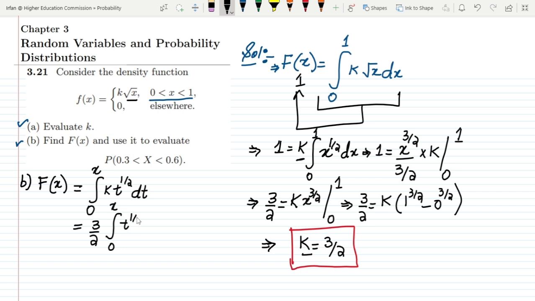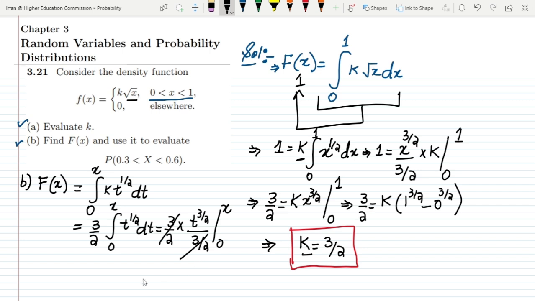This would be t to the power 1 by 2 dt. Integrating it, I get 3 by 2 multiplied by t to the power 3 by 2 divided by 3 by 2. These two will cancel out, and here I will have the range 0 to x.